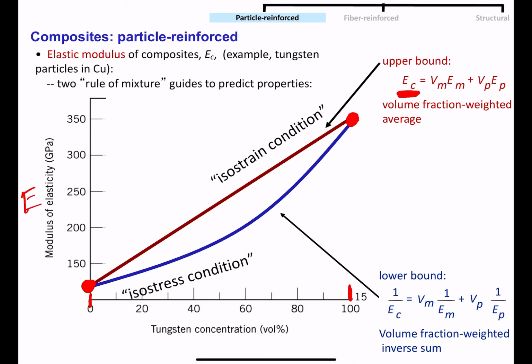So we see here that Vm is a volume fraction. So we know that this volume fraction must be less than 1 and greater than 0. And so Vm is here for the matrix, the volume fraction of the matrix.